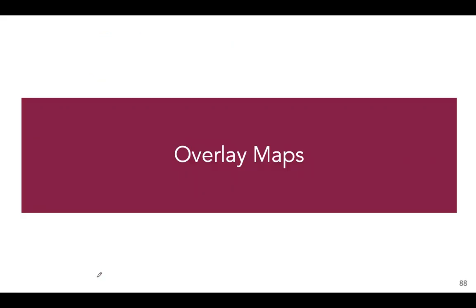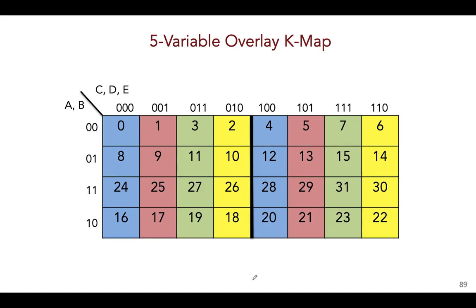All right, now let's talk about overlay maps. How do we represent a 5-variable K-map in this format? So this is what it looks like. Now, why is it called an overlay K-map? There's a very simple reason.